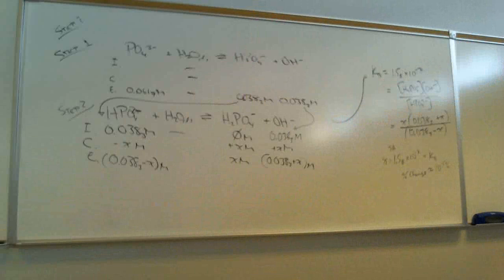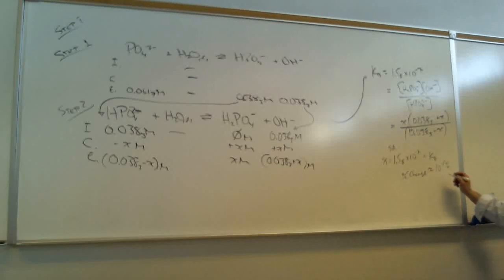So the change was 1.58 times 10 to the minus 7 divided by the initial 0.08383 times 100. 4.12 times 10 to the minus 4% hydrolysis. Very small number.